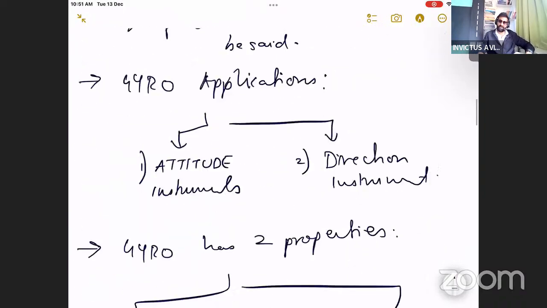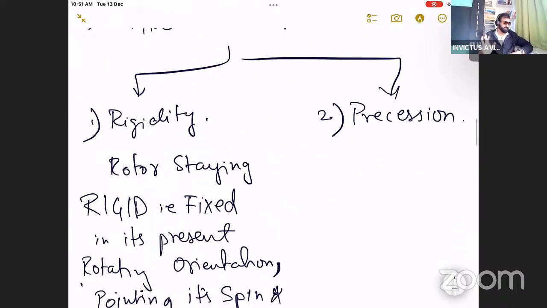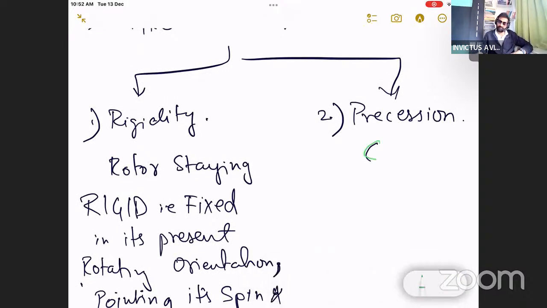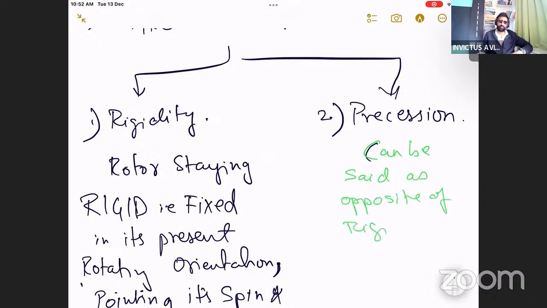Precession, one point you can add right now so that you have some idea about precession. Precession can be said as the opposite of rigidity in a way.